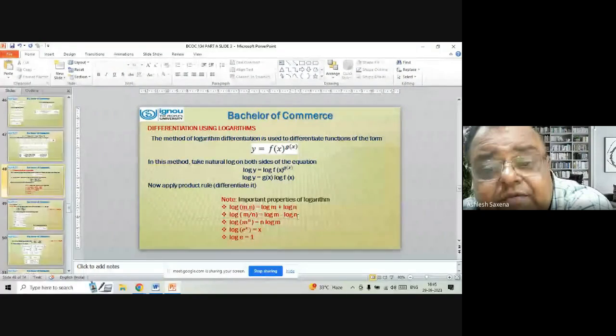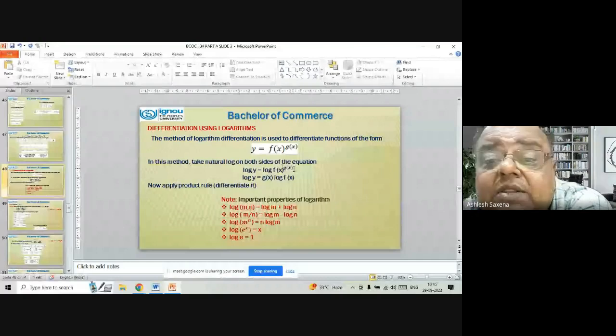And here, if it is in this form, m raised to the power n, so n will come in front of log m. Here, I did the same thing. I brought this gx in front of this, and then I wrote everything.